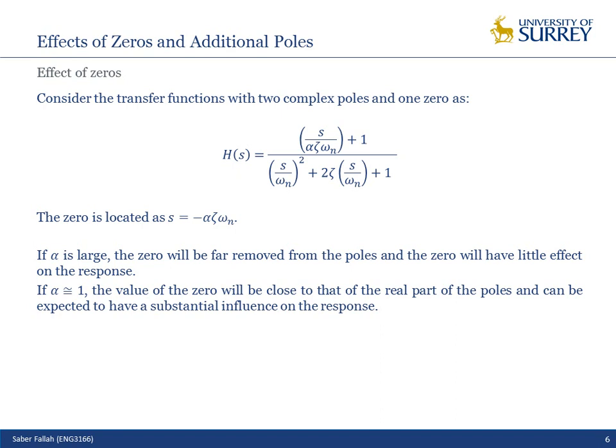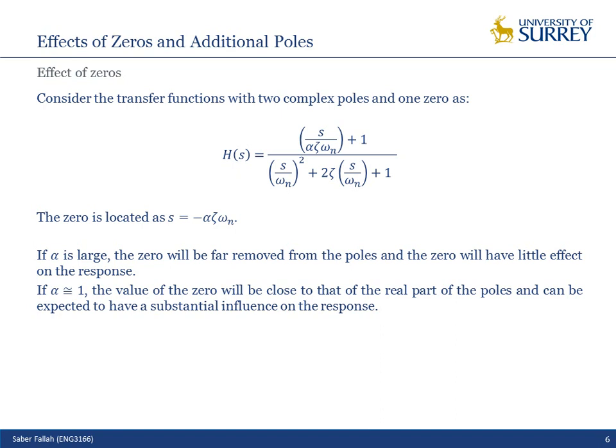The location of the poles is constant, but I can change the location of the zero by changing the value of alpha. If alpha is large, I have a zero far away from the poles of the system. If alpha is small, I have a zero near the imaginary axis or near the poles of the system. That's why I define alpha, to change the location of the zero of the system.